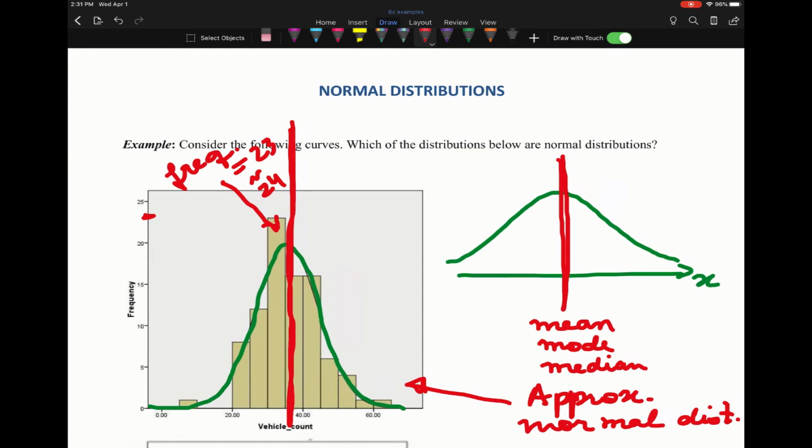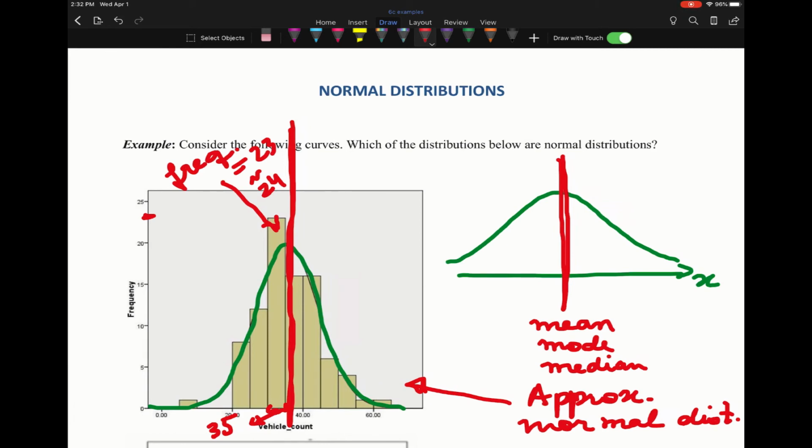Now, looking at the values described in the scale on the horizontal x, we can see that the value with the highest frequency corresponds to 35. Now, we can also conclude, because we have an approximately normal distribution, that the mean, the mode, and the median are approximately the same.